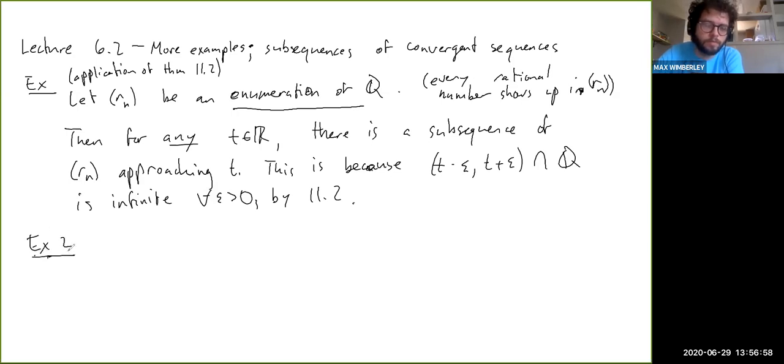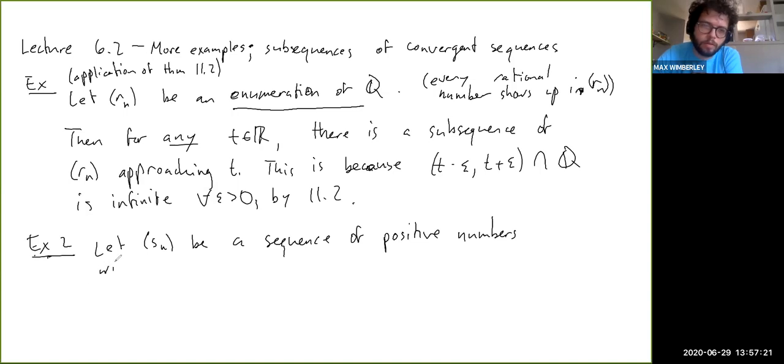Here's another example. Let Sn be a sequence of positive numbers with the infimum of Sn equal to 0.